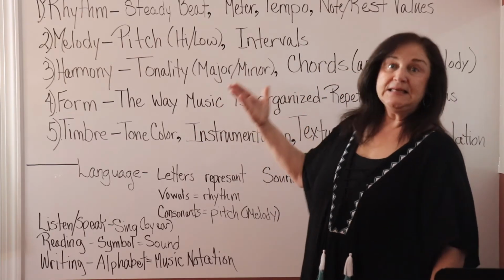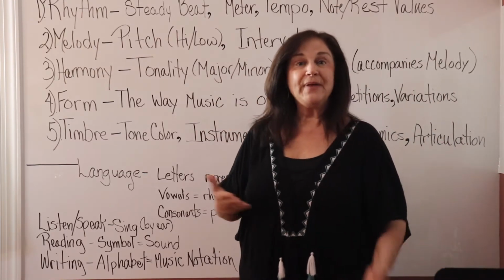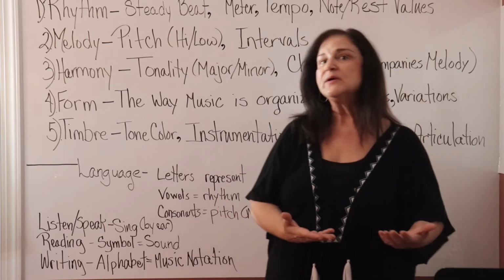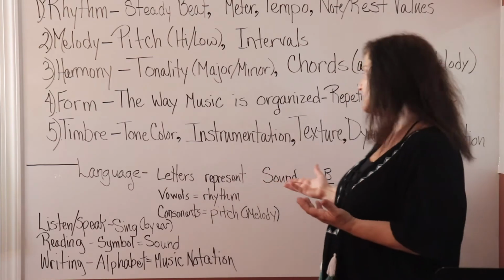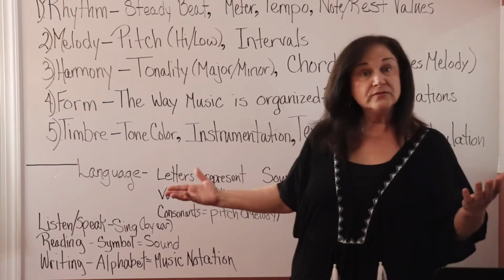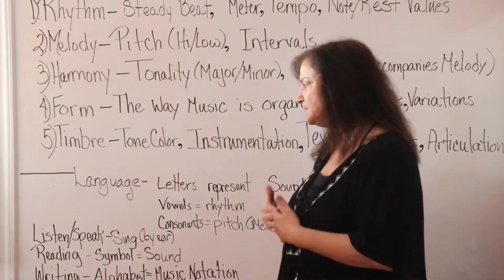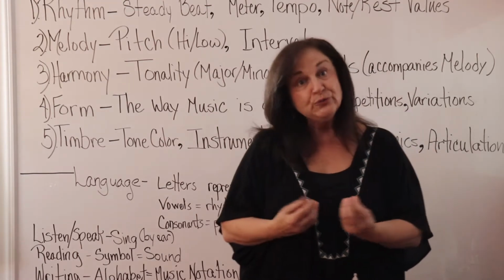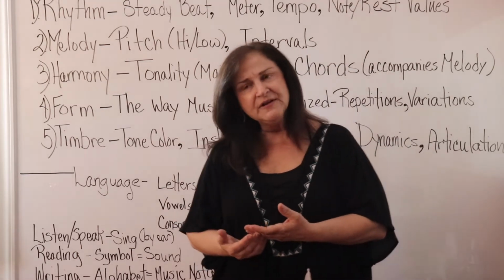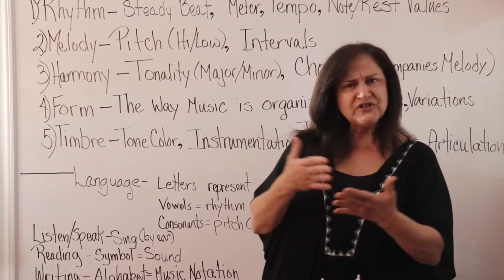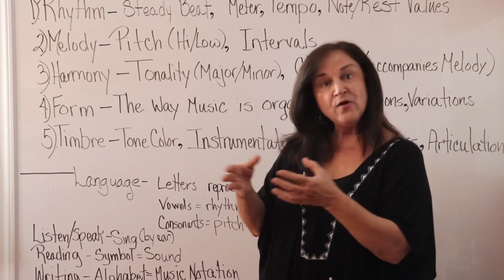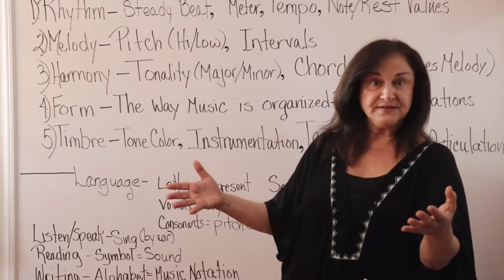Music is like a language. It parallels our spoken language. We have letters that represent sounds. The letter B represents B. When we learn to read in a language, we learn that those letters have sounds, and we put those letters together and they create words, phrases, and sentences.